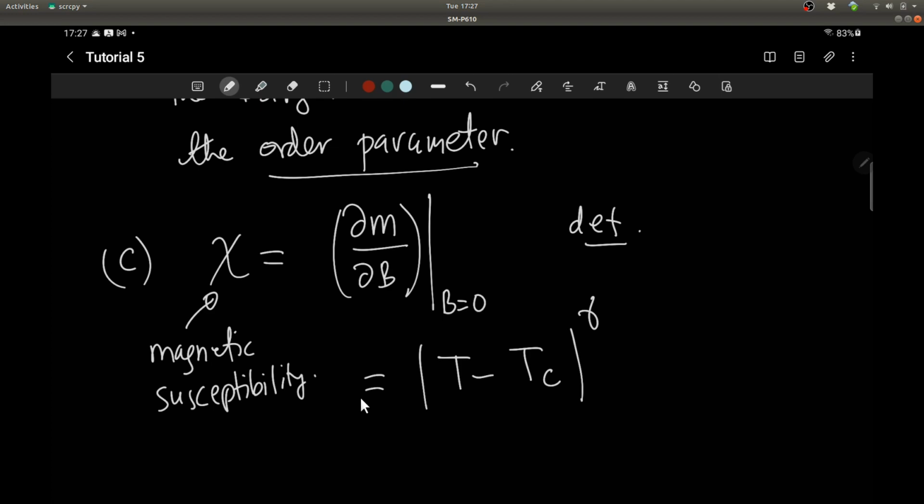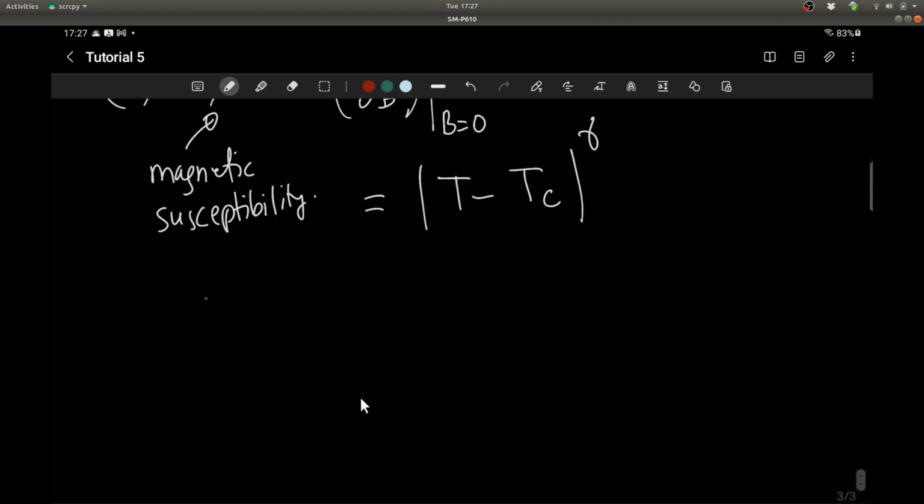Okay, so this defines this new exponent gamma, and the question is, what is gamma? So you turn on a magnetic field, and then you ask what that is. The way to do that is simple. We look at that consistency equation.